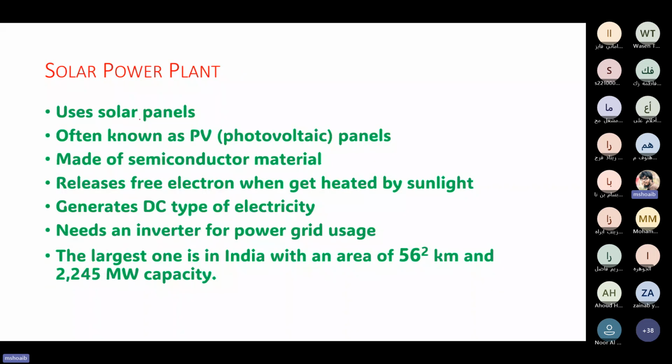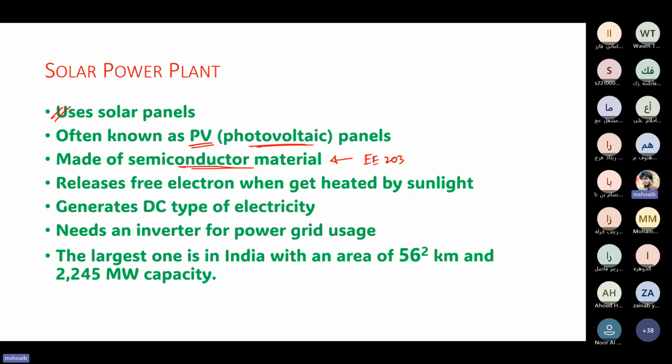Now, what is the basic way of working? It uses the solar panels. Sometimes we call them PV panels. What is the full form of PV? Photovoltaic. These photovoltaic panels are made of small units, which are again made of semiconductor material. This semiconductor material you studied in the electronics course EE 203, and you know that it has N channel, P channel, some doping, holes, and so on.